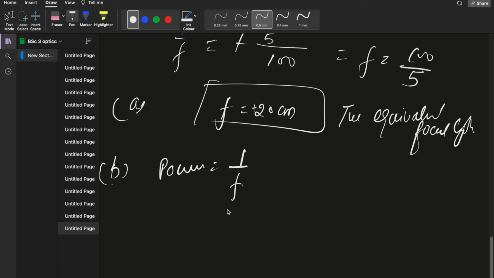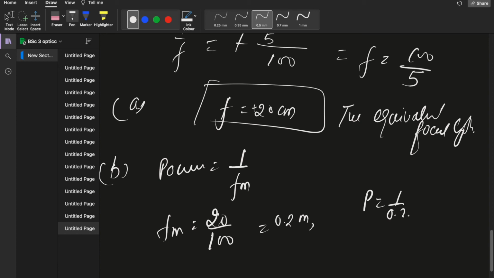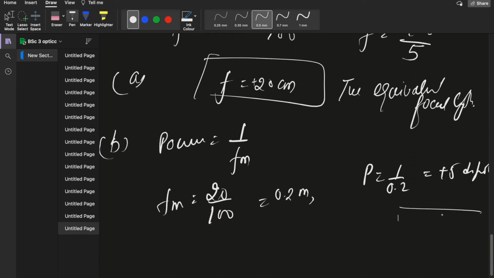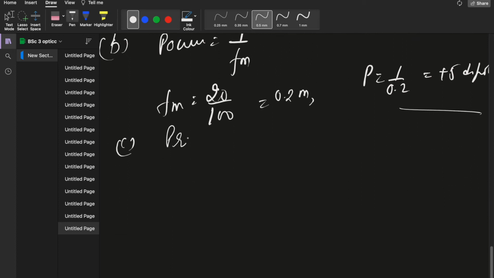So 1 upon f, with f in meters, becomes 1 upon 0.2 meter, since 20 upon 100 is 0.2 meter. So power is plus 5 diopter. The unit of power is diopter.